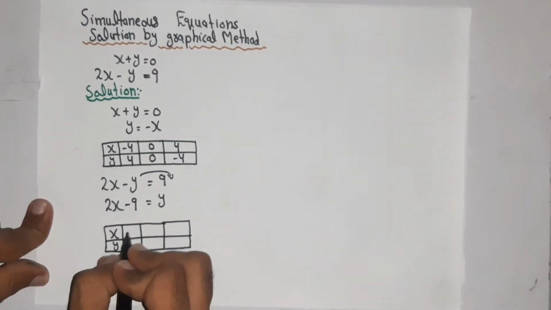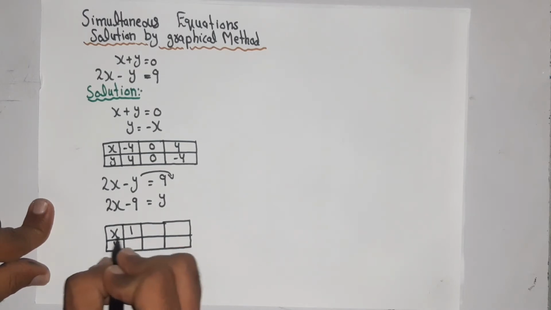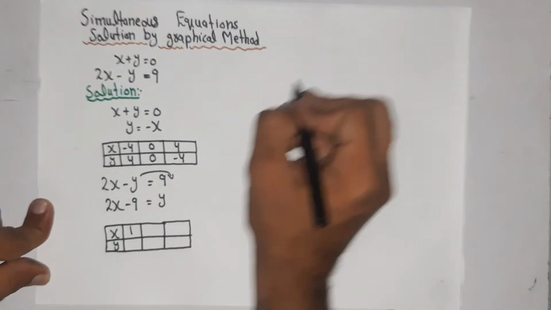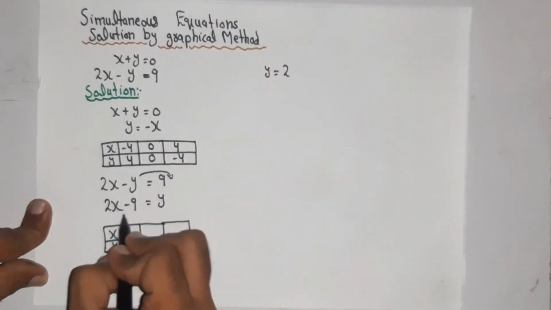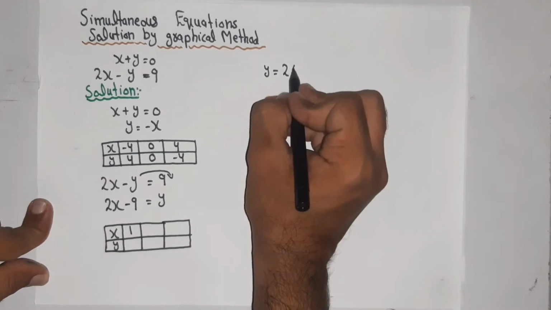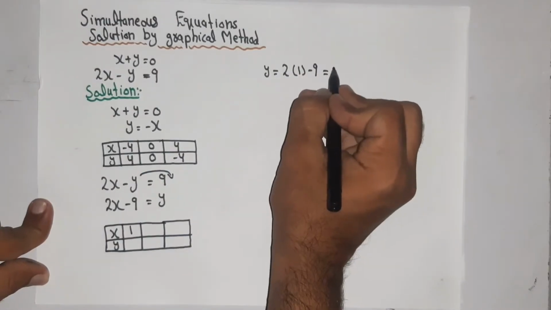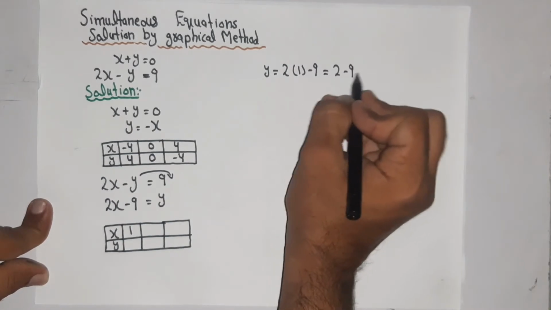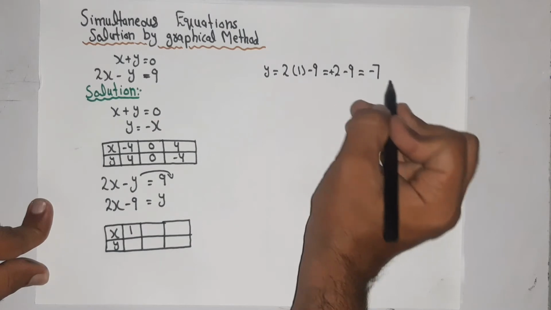So let us take the value of x as 1. y equals 2x minus 9, so 2 ones are 2, and then minus 9. So we have 2 minus 9, and y will be equal to minus 7.